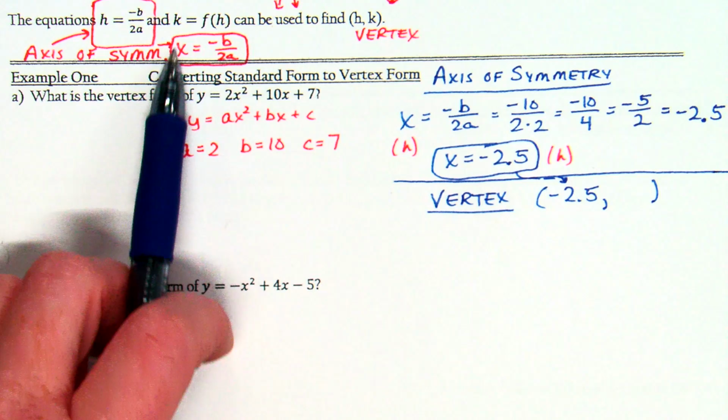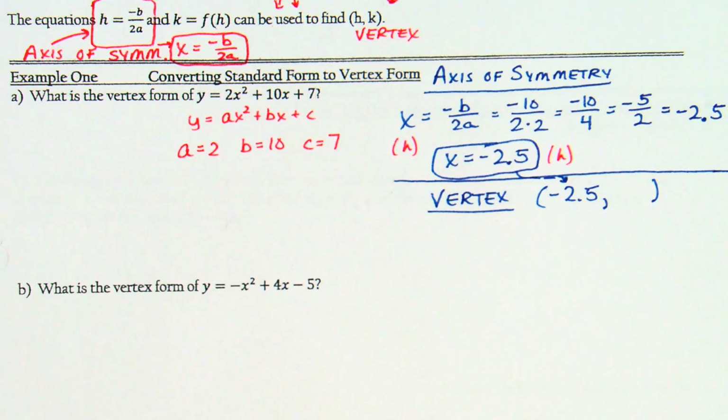So, y equals 2x squared. That means I'm going to be doing 2 times negative 2.5 squared plus 10 times negative 2.5 plus 7. And now you see why I picked to go with the decimal.